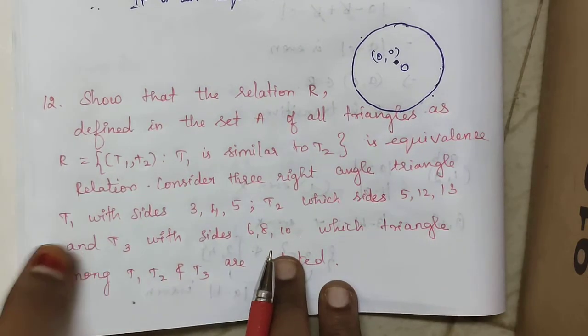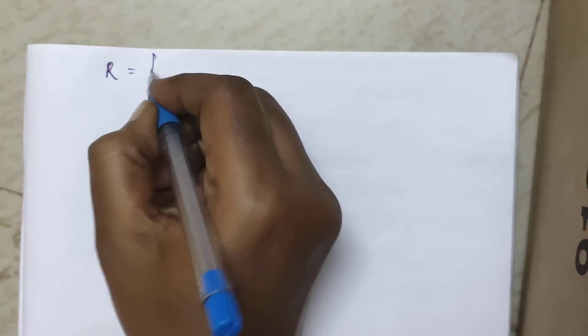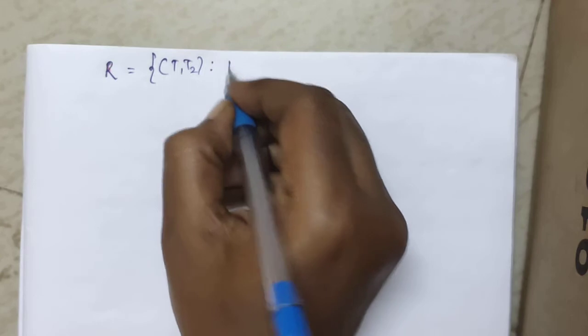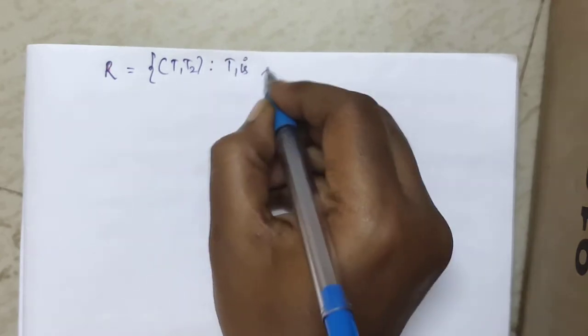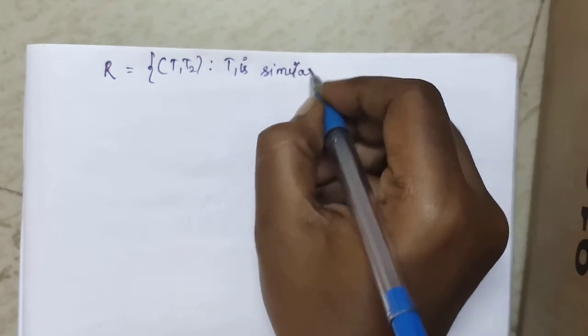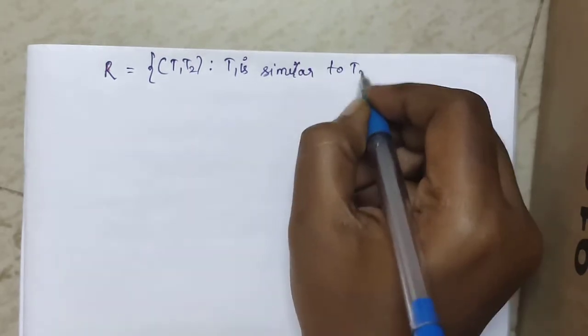The given relation is R equal to (T1, T2) such that T1 is similar to T2.